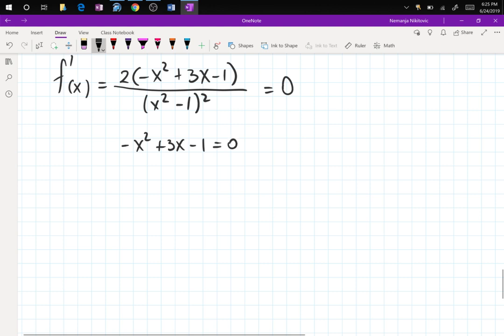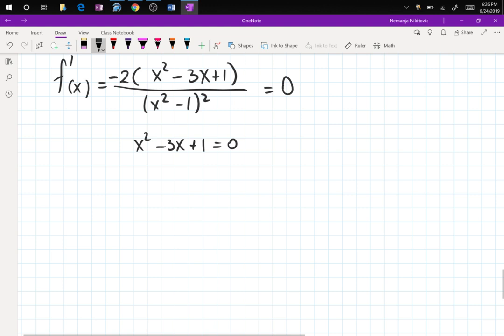Actually, for the derivative, I'm going to pull out negative 2 and change all the signs. It's better. Now this cannot be factored, because it would have been factored in the derivative.